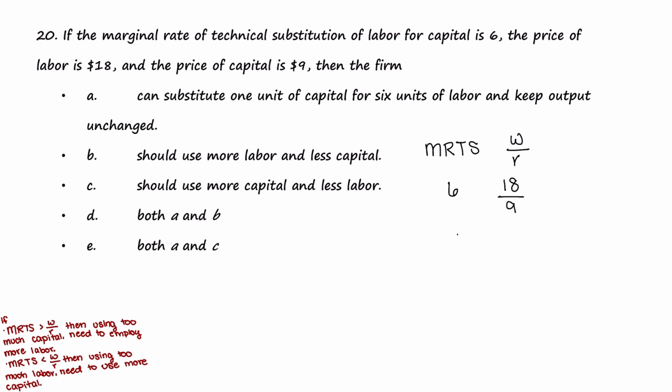I clearly need more sleep. 18 divided by 9 is 2. Since 6 is greater than 2, it's greater than our wage ratio. So we should use less K and more labor. Which is B.